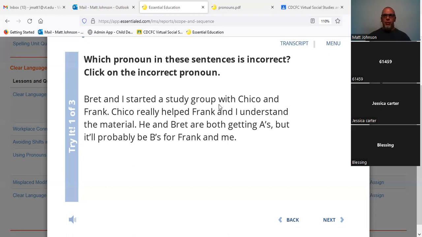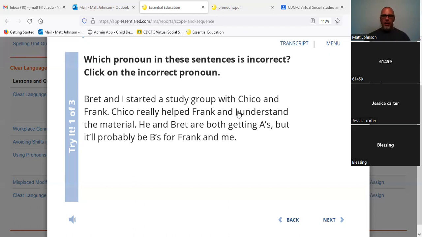I believe the rule is typically, if you're the pronoun and the subject at the beginning of a sentence, the I comes last. So, like it says here, Brett and I. If it's the object and you're using me, the me would come first. So as far as I know, it should actually read Chico really helped me and Frank understand.